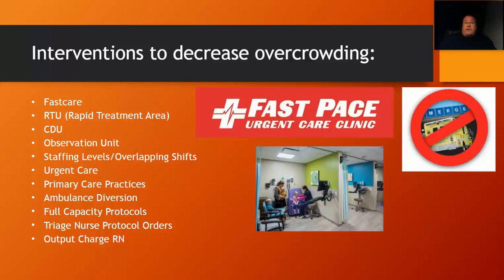Typically, once patients are waiting at least an hour and a half, the triage nurses will start putting in order sets specific to complaints, chest pain, CVA, abdominal pain, so that at least the laboratory studies and imaging exams can get started while the patient's still in the waiting room. And then we also put in a second charge nurse who basically just does output of the ED, such as discharges, facilitates inpatient admissions, and transfers out of the ED.